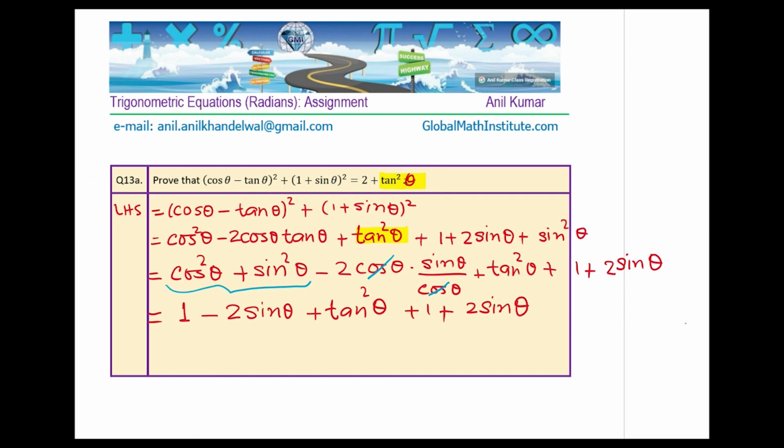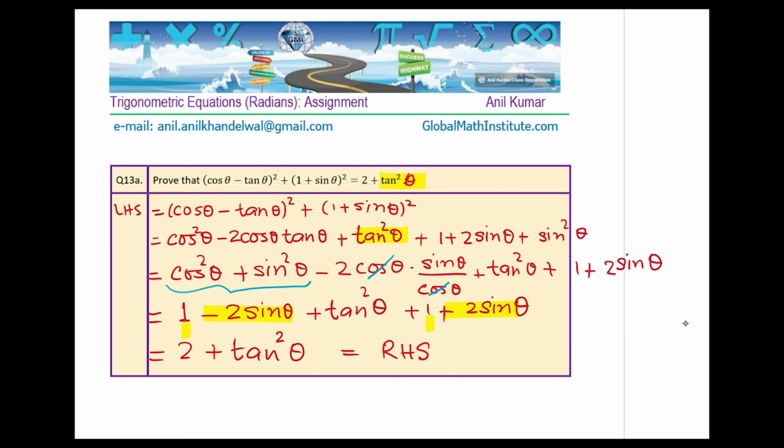Now, plus 2 sin theta and minus 2 sin theta will add to 0. Perfect. And 1 plus 1 is 2. So, we get the desired result, which is 2 plus tan square theta. That is the right hand side. Is that clear to you? So, by expanding, we have actually simplified and proven the identity.